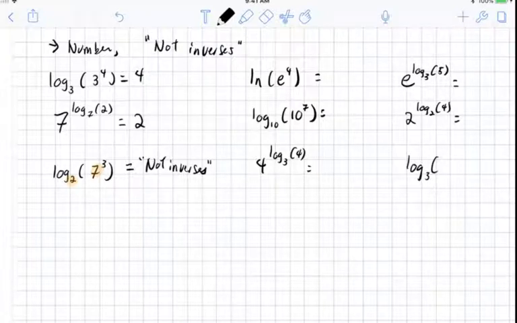Okay, try those ones. If they are inverses, write down the number, and if they're not inverses, say they're not inverses.